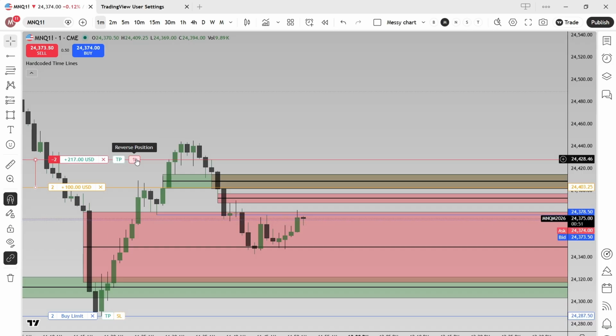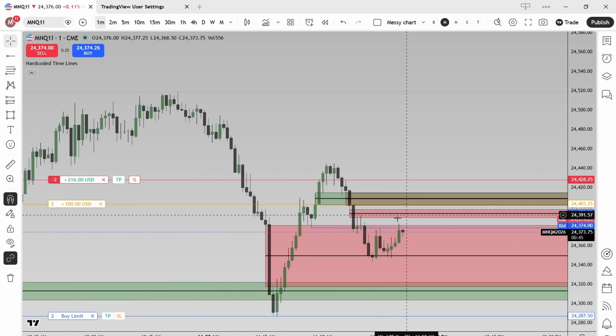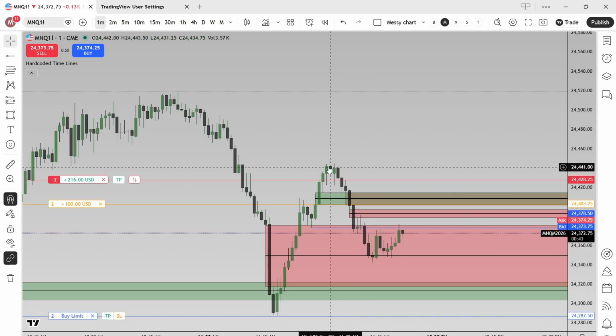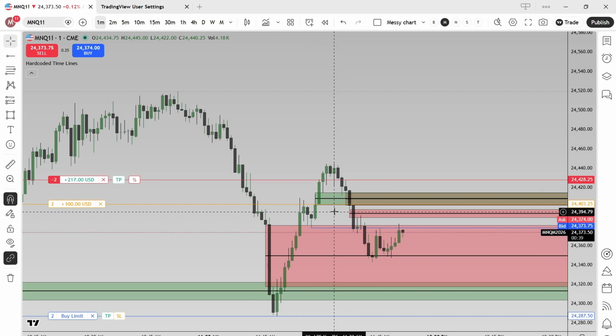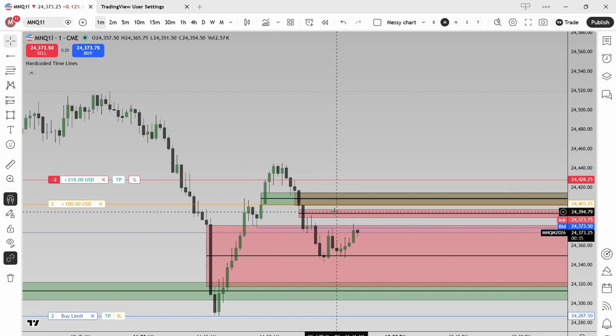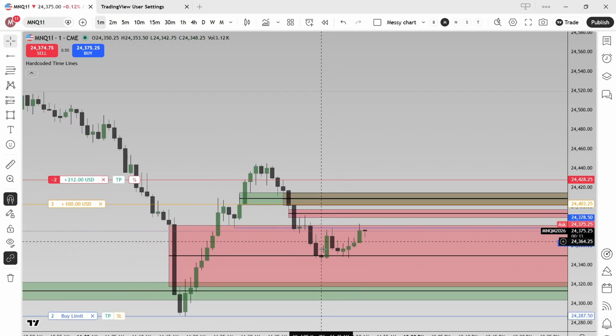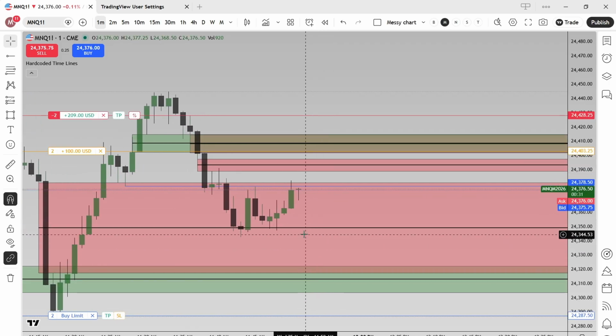Just creating a pool of liquidity here. The lunch trade might run out this high, maybe run out this high. That's an extreme though. Kind of wanted to see it move quicker than this, but what are you gonna do?